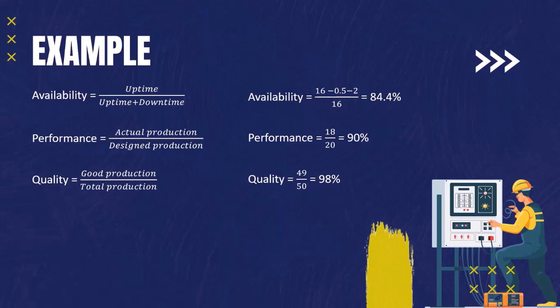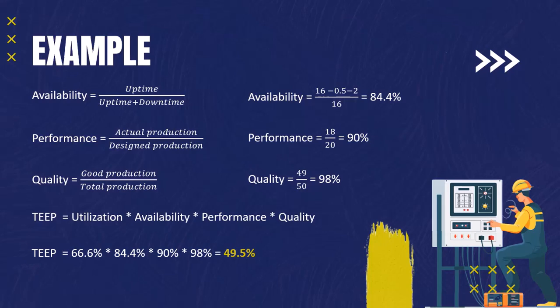So now we can calculate the TEEP, which will be 66.6 multiplied by 84.4 multiplied by 90 multiplied by 98, which equals 49.5%, which means that this equipment effectiveness is way below the best practice level.